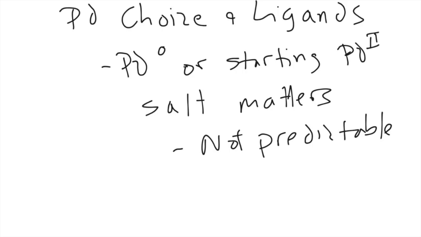So this isn't something you have to worry about in terms of looking at a reaction. What I want you to know is that depending on what palladium source you start with, that impacts how the reaction works. There's nothing for you to stress over in this class other than to know that if I do a reaction with one palladium source and it doesn't work, I can try another. Even though deep down you're making palladium 0 in all of your reactions, how you get to that palladium 0 matters, and it changes reaction to reaction.